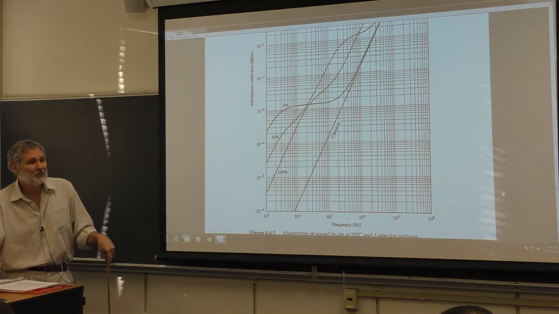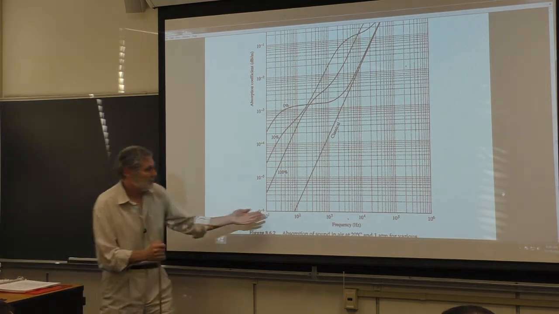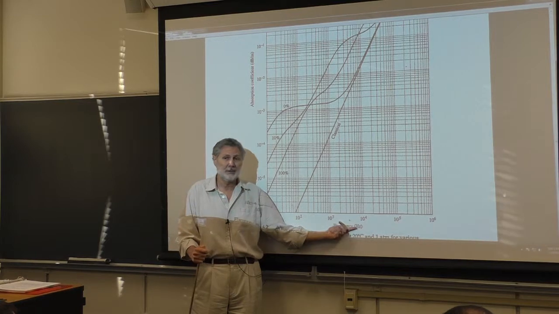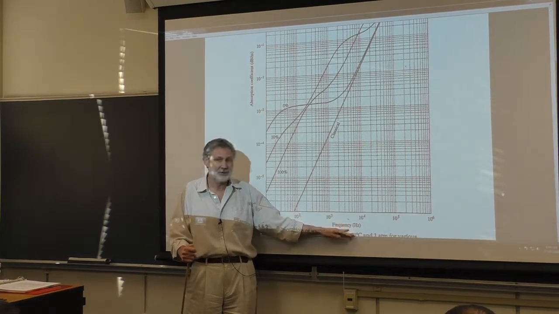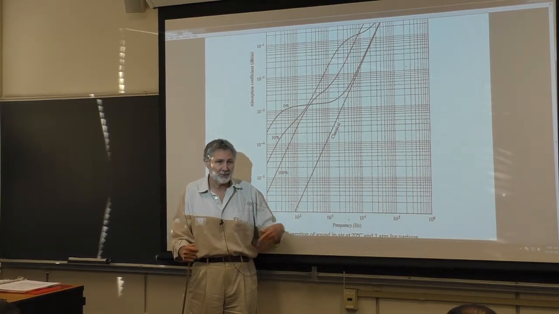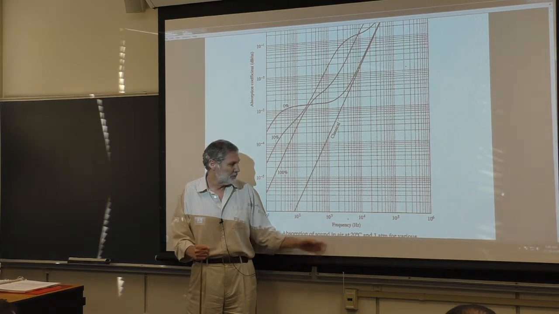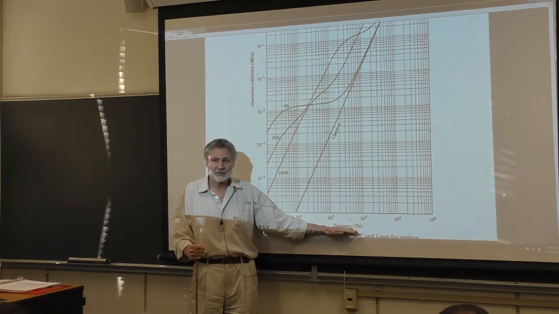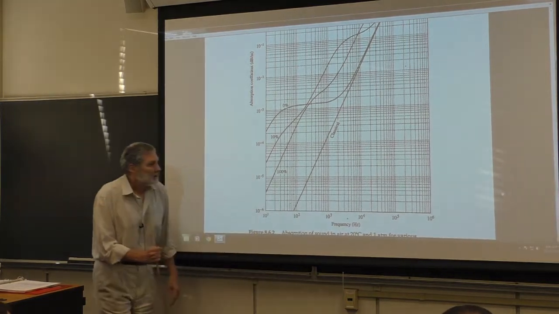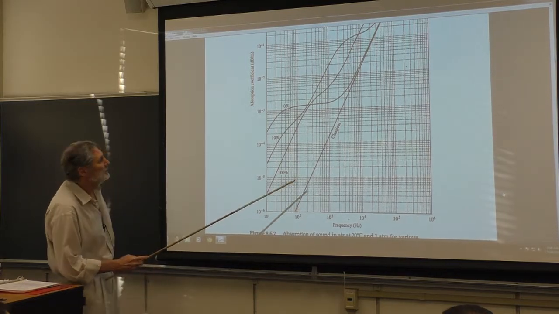If absorption is proportional to omega squared, or f squared, you'll notice this is the actual frequency, even though when we do theory, it's always in terms of omega, because we don't want to carry around factors of 2 pi, right? But this is the actual frequency. So it should be a slope 2, and you can easily see that here.